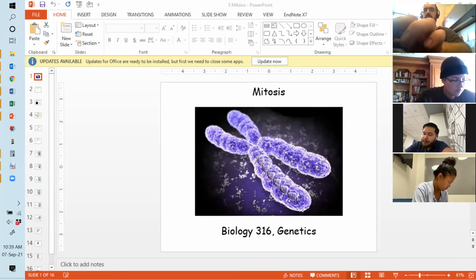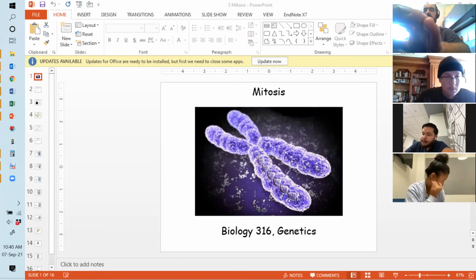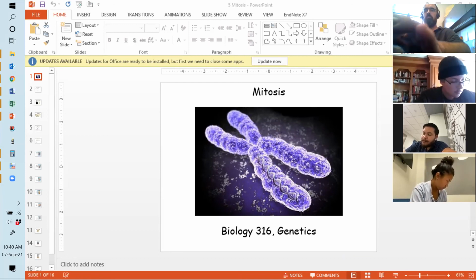And spindle fibers are basically a protein polymer called microtubulin, that helps pull the chromatids apart.